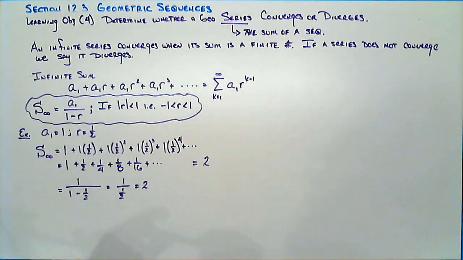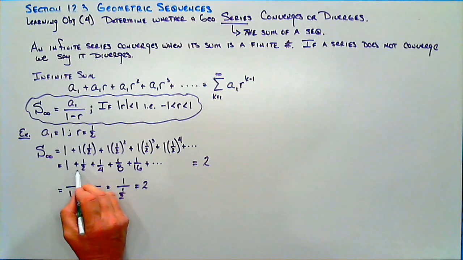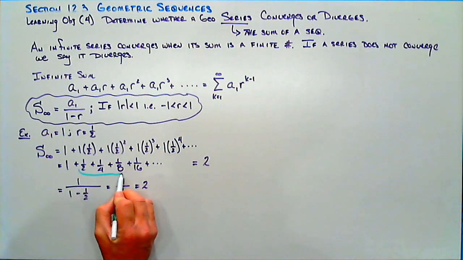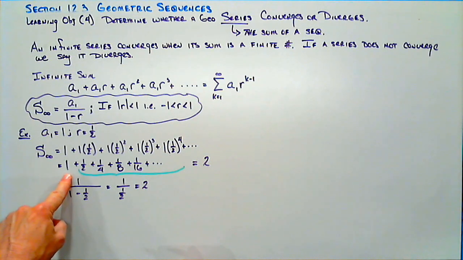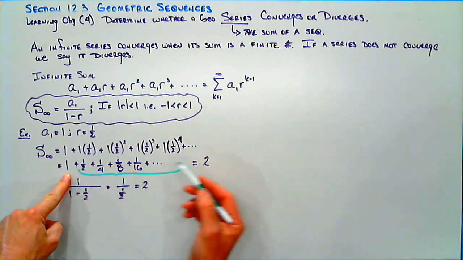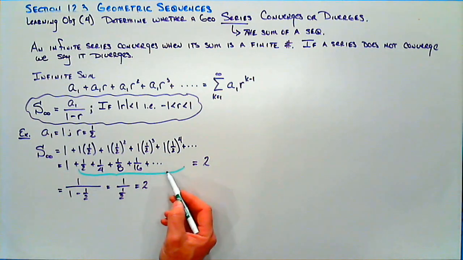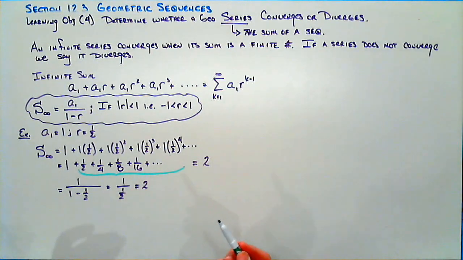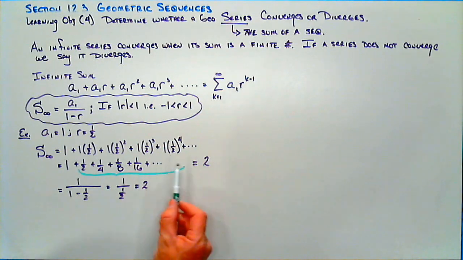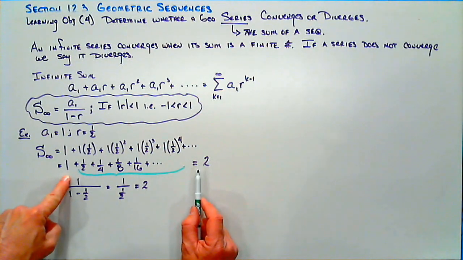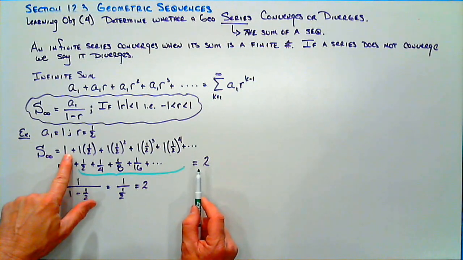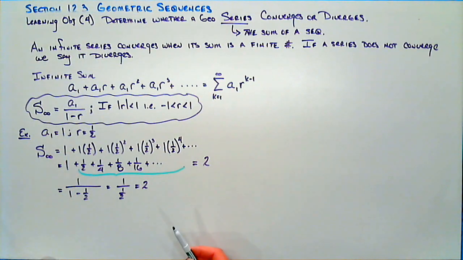Now, there's some real interesting things about this. What are some interesting things? Well, if we look at this piece that goes off to infinity, 1 is right here, isn't it? If I take 1 away from the other side, that means this green piece has to add up to 1. All of these numbers, the whole thing adds up to 2, and an infinite number of them, other than the first one, they only add up to 1.